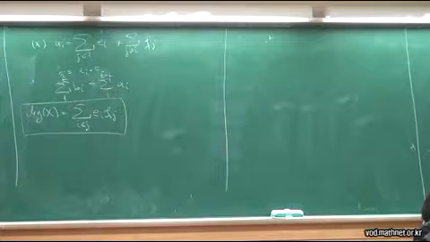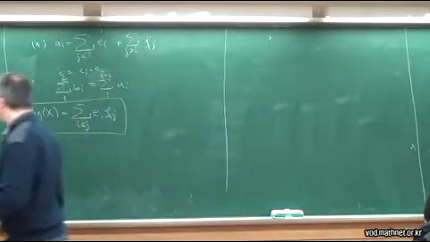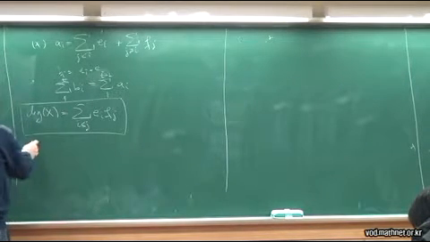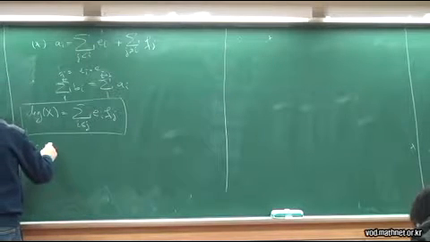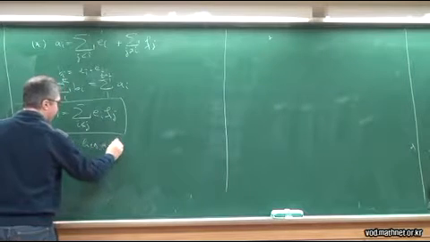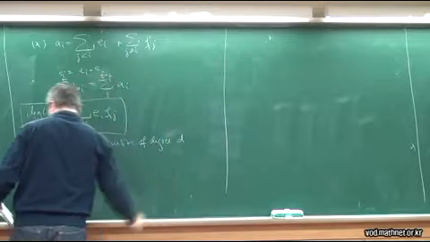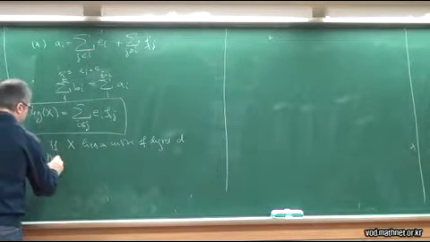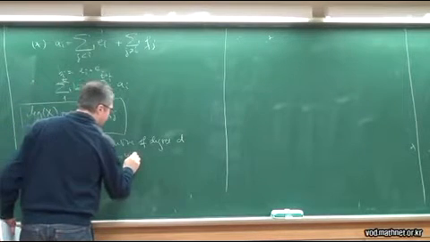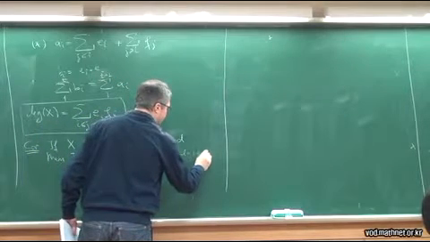So right from a nice application of this theorem is the following corollary: if x lies on a curve of degree d, then I of x can be generated by d plus 1 elements.